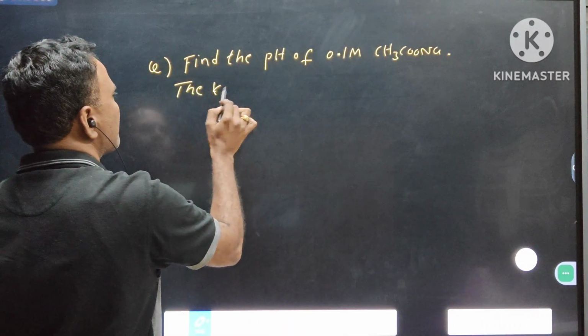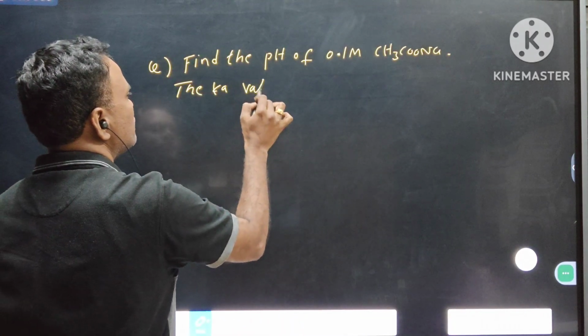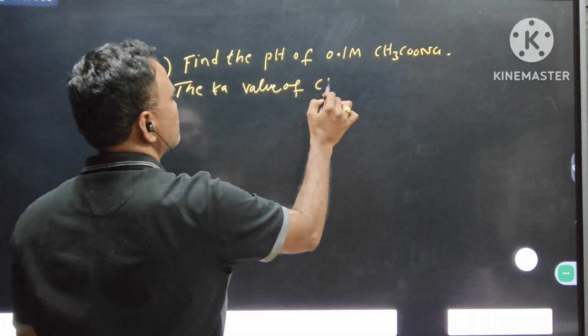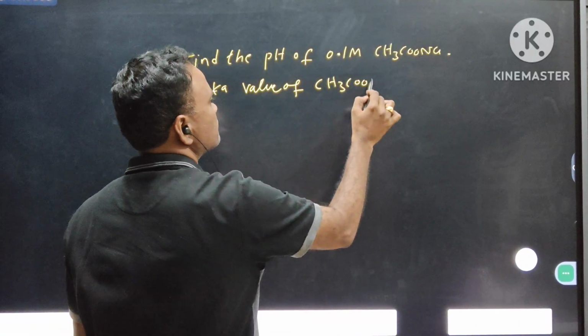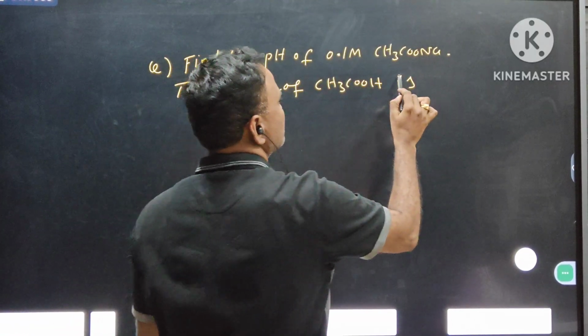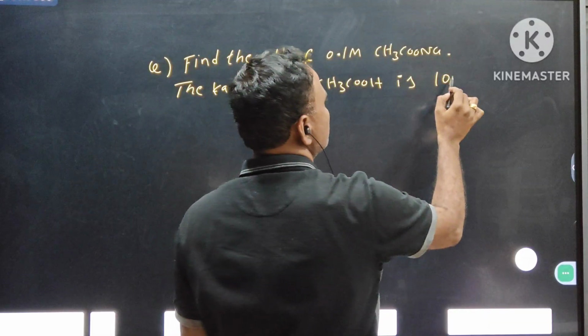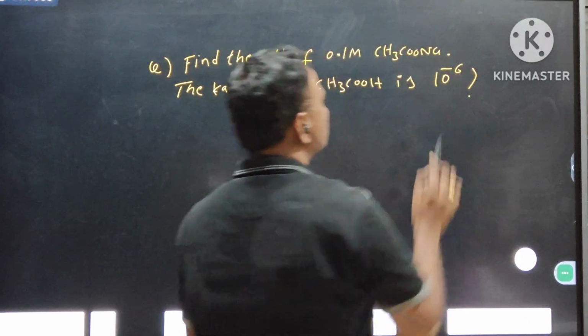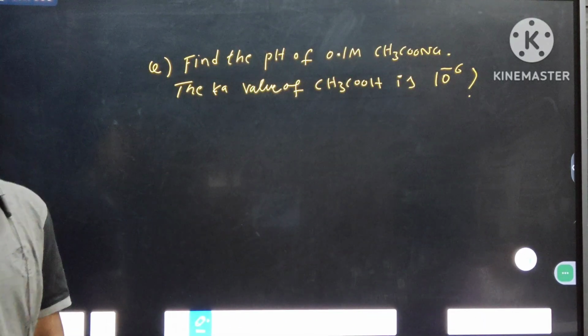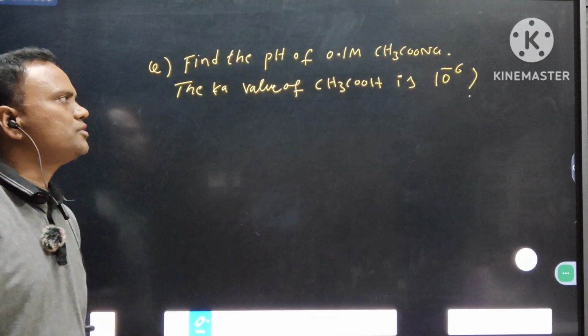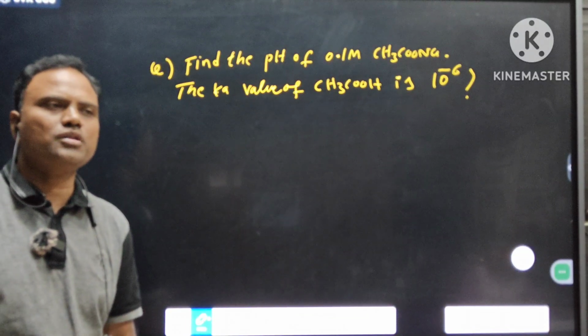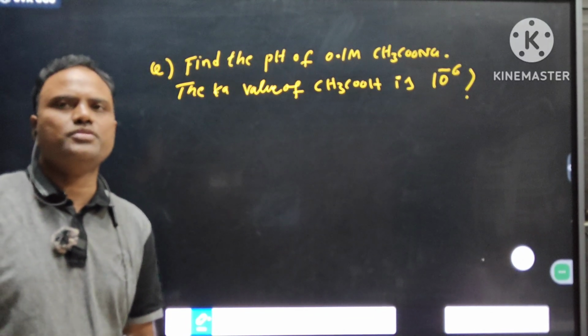The Ka value of acetic acid is 10 power minus 6. Selection of formula is important. Which salt is given to you? Salt of weak acid plus strong base.